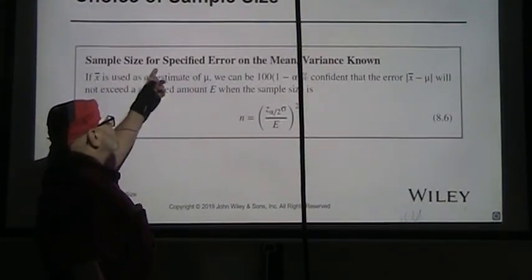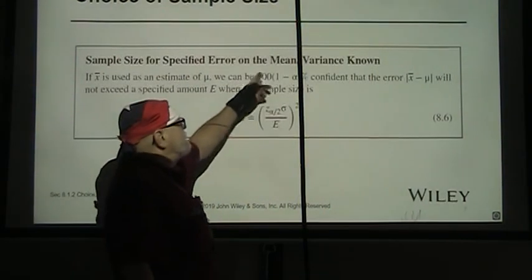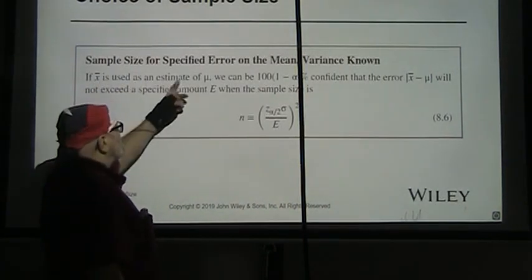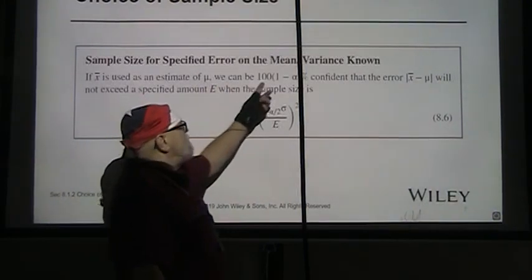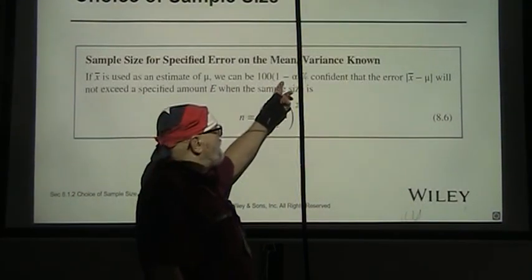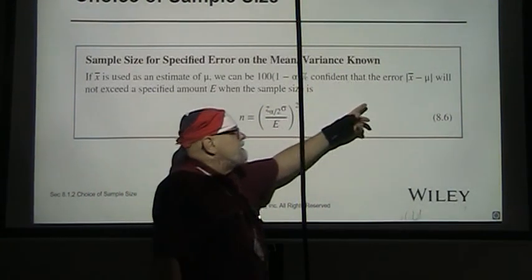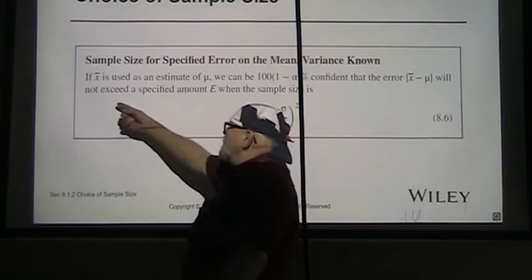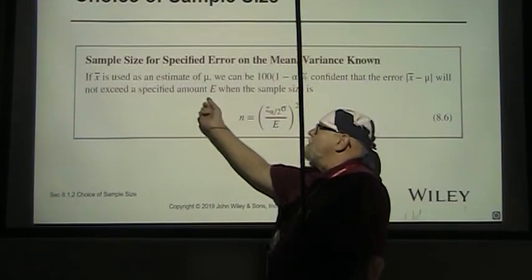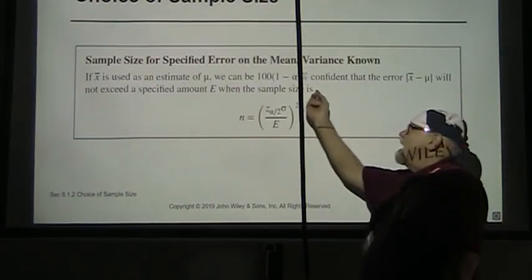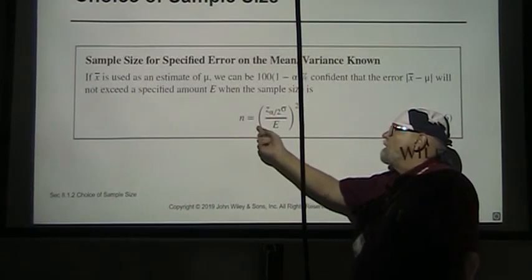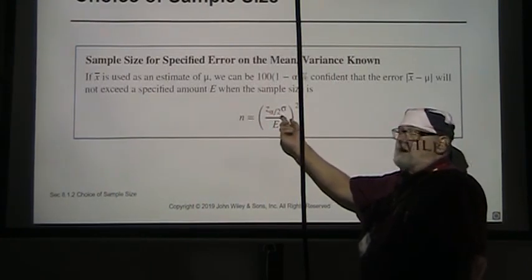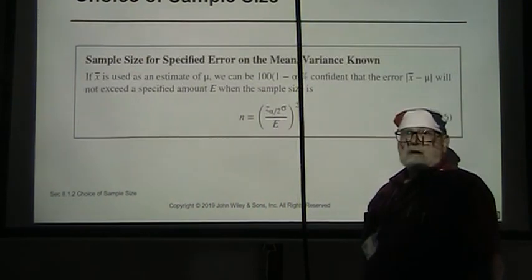So our sample size for a specified error on the mean with the variance known: if x bar is used as an estimate of mu, we can be 100 times the quantity 1 minus alpha percent confident that the error, absolute value of x bar minus mu, will not exceed a specified amount E when the sample size is n equals the quantity z alpha divided by 2 times the standard deviation divided by E. That quantity is squared.